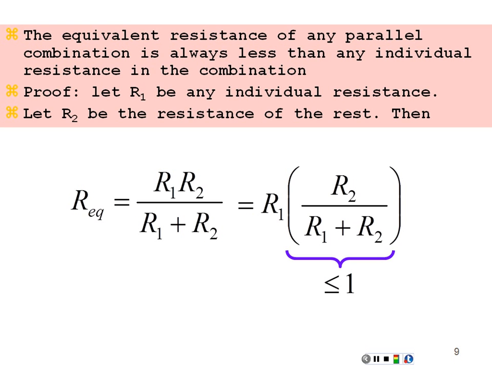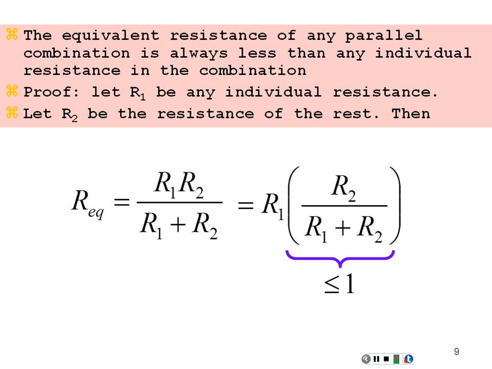If I had 2 megaohms in parallel with 200,000 ohms, in parallel with 150,000 ohms, in parallel with 1,000 ohms, the equivalent resistance of that parallel combination will be less than the 1,000 ohms.